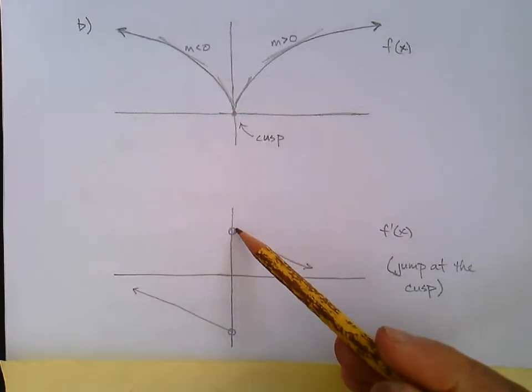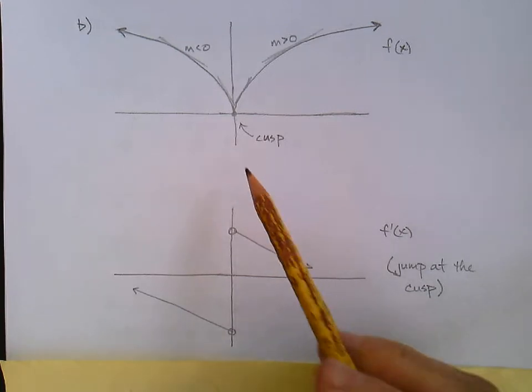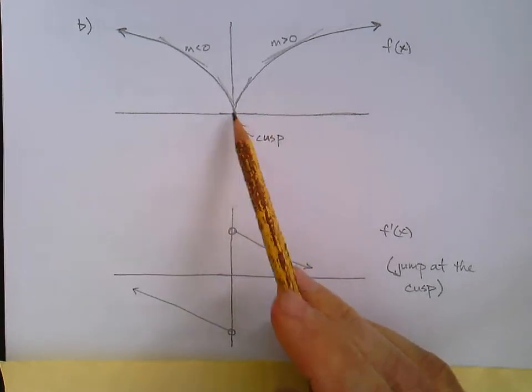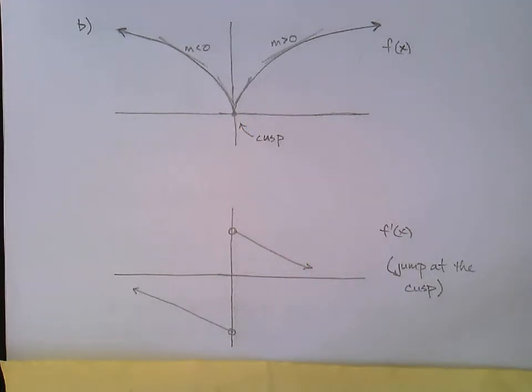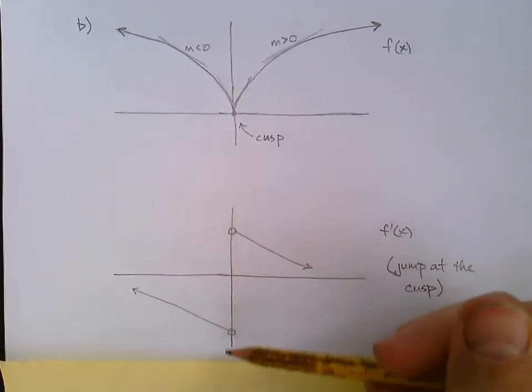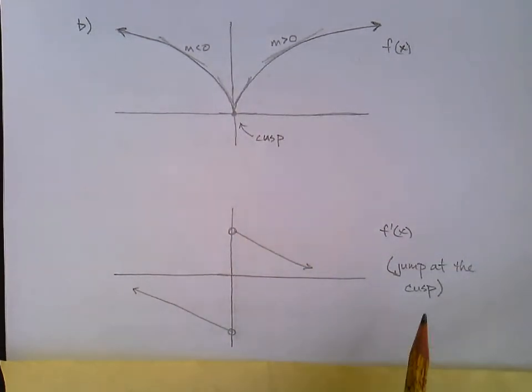Both of these have to be open circles because we don't have a derivative value at the cusp. So that's just an empty spot on the graph of our derivative. There's a big jump in the derivative graph at that cusp. And there you go. Okay, you'll see a few examples of this in the homework.